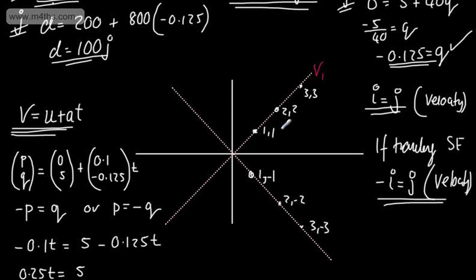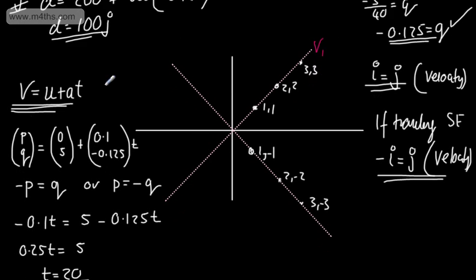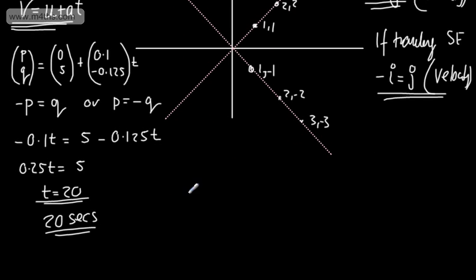All we're doing is travelling on this direction right here. So find the value of t, and now all we have to do is find the velocity of the jet ski at this time. We can simply plug it back into here. So p, let's just sub that in. We just need to put in the value of t.